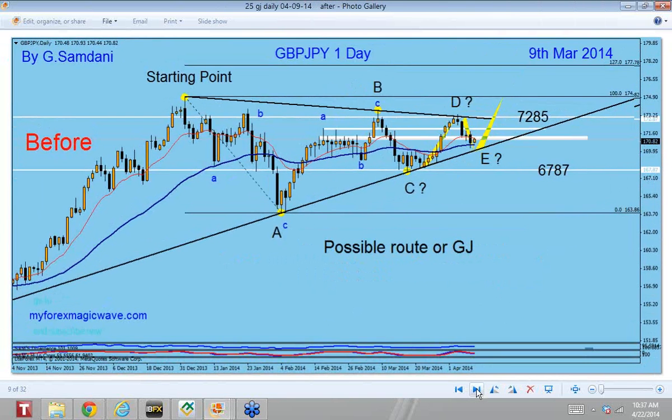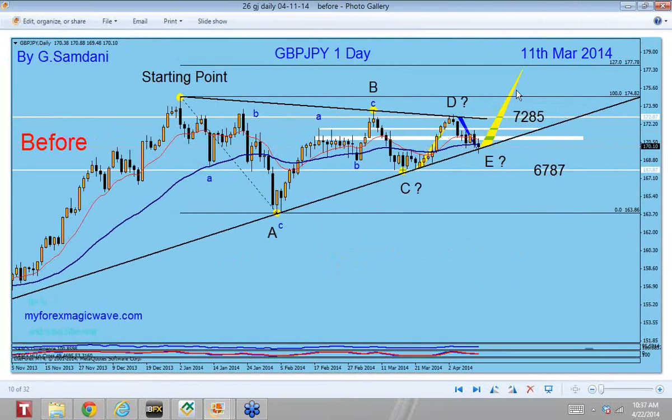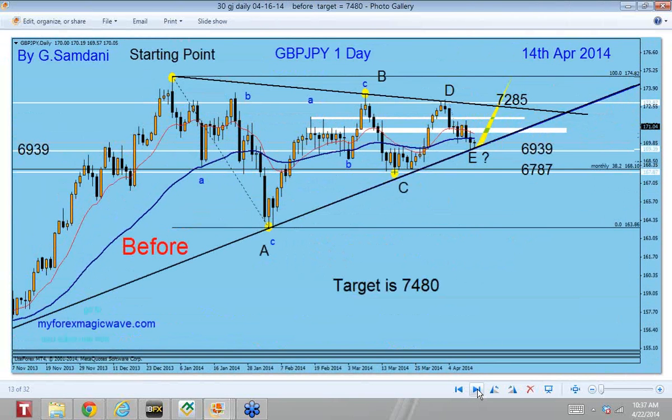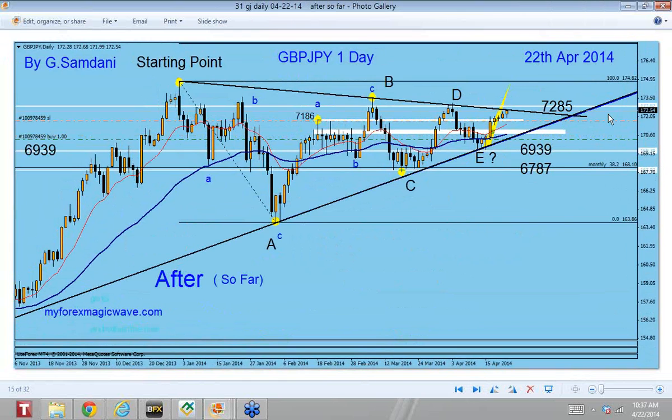We came nicely for leg E, then I said now it's time to go up, and we started going up, and right now we are here. Actually, let me see if I can see pound yen. We are at 58, 170 to 58. Yeah, exactly there. So we are trying to break this triangle now. It is time to break it, and if we break it, 74.80 will be very easily reached.